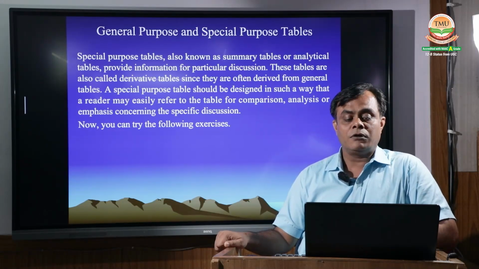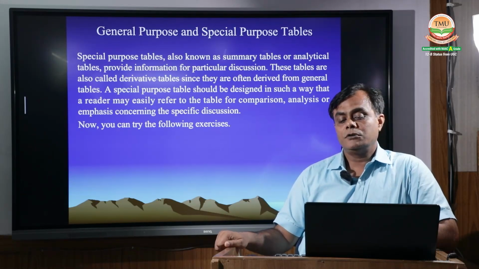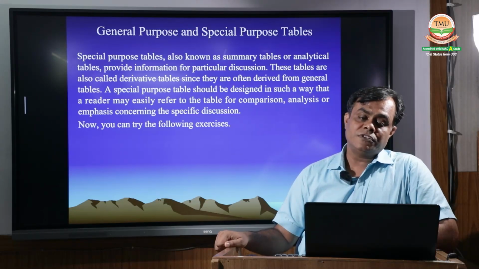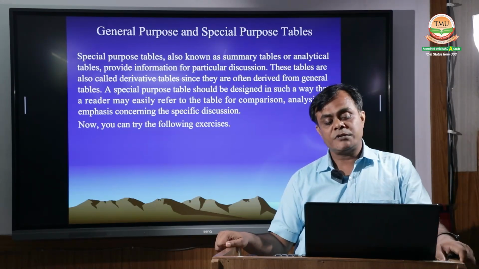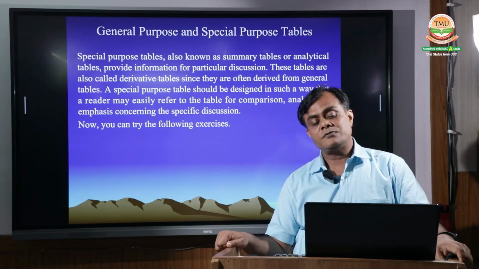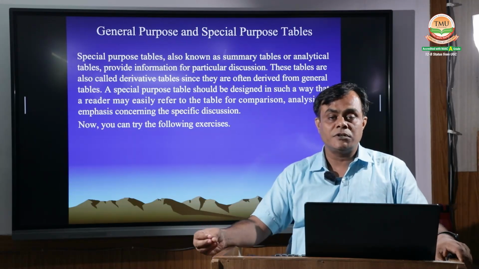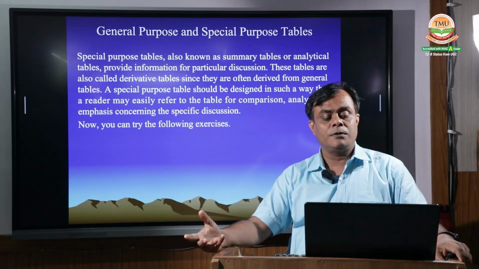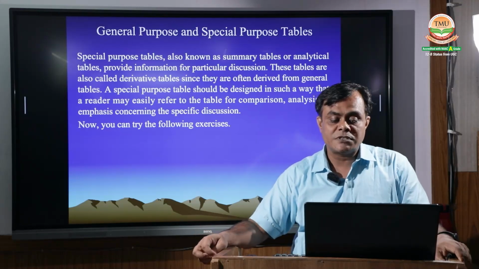These tables are also called derivative tables since they are often derived from a general table. So sometimes a specific purpose table is derived from the general purpose table, but in a specific table there is specific information for a particular requirement or the fulfillment of a particular purpose or objective. That's why that type of table is called a specific purpose table.